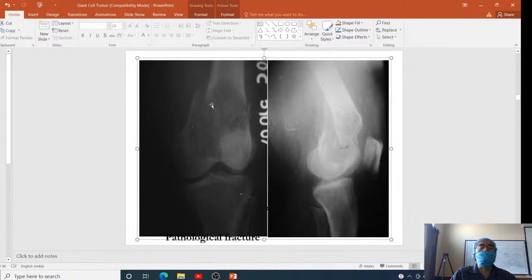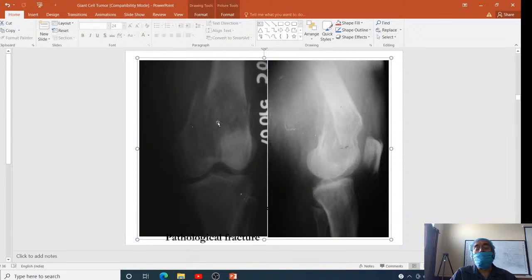The femur is the strongest bone in the body, and it needs a lot of violence for someone to break a femur. But here the bone is very weak because of the pathological process. The tumor has weakened it and it led to a fracture. Here you can see this is the proximal fragment and this is the distal fragment. A supracondylar fracture of the femur was a result of a pathological process.